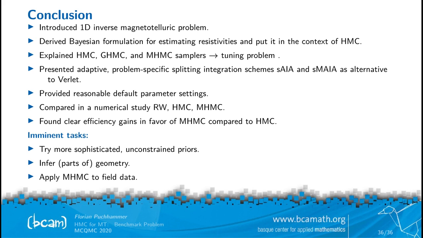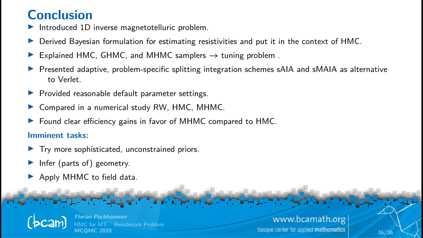In a numerical study, one benchmark actually, we compared random walk with HMC and MHMC. Random walk did not perform too well, as expected, and when we compared HMC and MHMC, we saw that the modified version, in terms of efficiency, outperforms HMC significantly by 30 to 40%, and that our default parameter setting is quite successful.